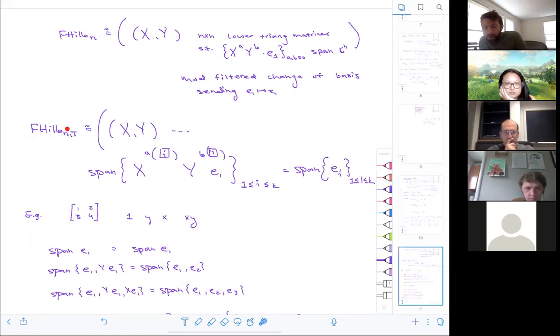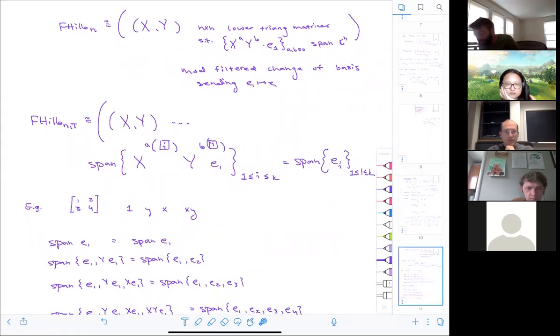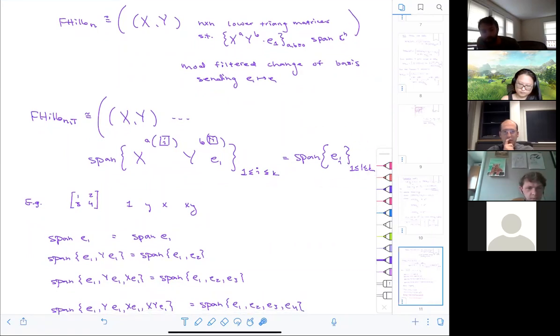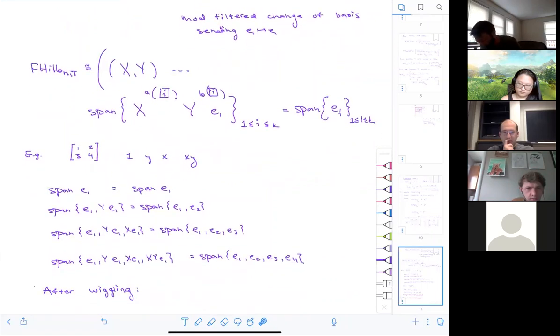So F tilde n sub T consists of pairs of matrices with the same properties, but together with the following: if you look at the boxes in your Young diagram, for each k, you look at the monomials which are covered by boxes 1 up to k, and the span of those must be the same as the kth coordinate subspace of C. For example, if this is your tableau, that tableau determines a list of monomials, and the requirement is that these monomials acting on E1 span the various coordinate subspaces.